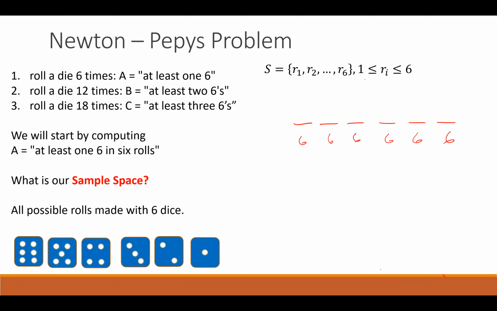And then I use the product rule, and I get 6 to the power 6 ways. So 6 to the power 6 is the total number of outcomes from rolling my 6 dice. Does that make sense? Okay.